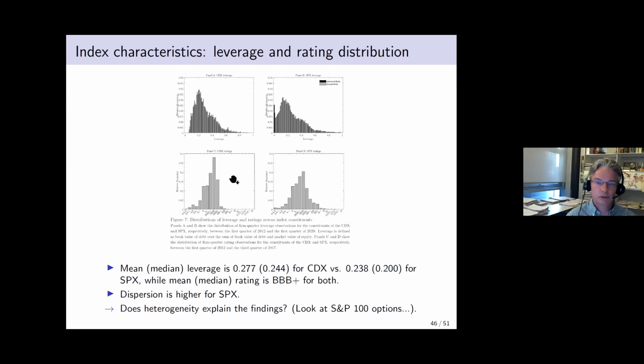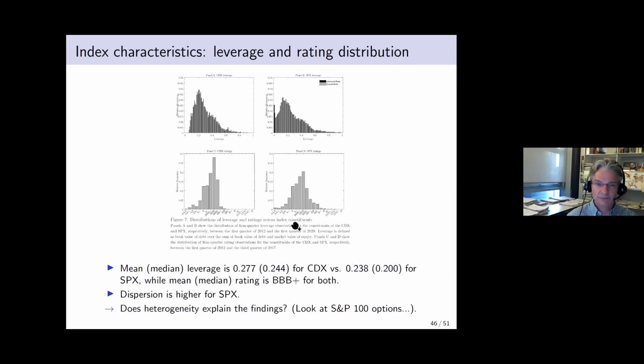And here you have the distribution of ratings for these two indices. And so when you look at that, you see, of course, that there's a difference, right? For example, you can see that on the equity index side, there are some firms that have zero leverage. And clearly, you're not going to have those firms in the credit default index. But at the same time, you can see also that you have much more dispersion. So you also have riskier firms on the right-hand side.